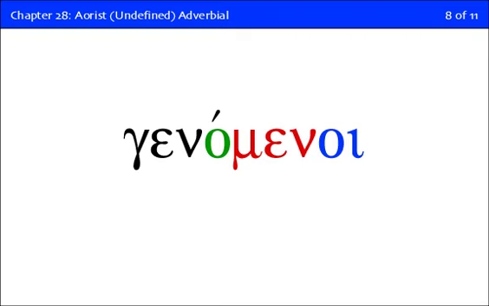So gamma vowel nu is ginomai. You're outside of the present tense system because the vowel is not an iota, it's an epsilon. Ginomai is a middle deponent, so you have the unaugmented second aorist tense stem. You have the middle morpheme, and so you have an aorist middle deponent participle, nominative plural masculine.